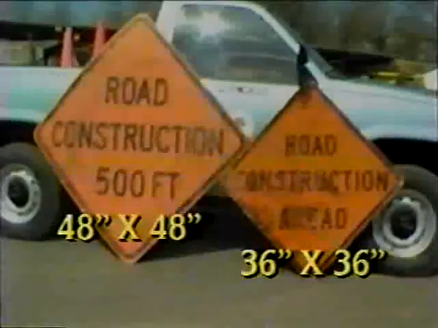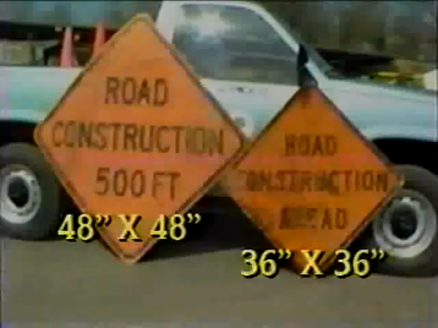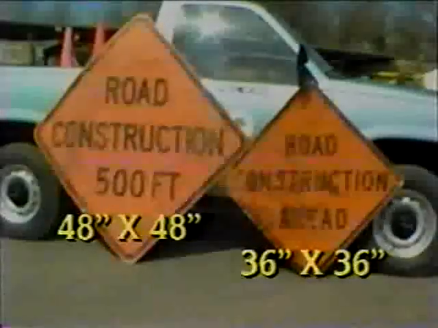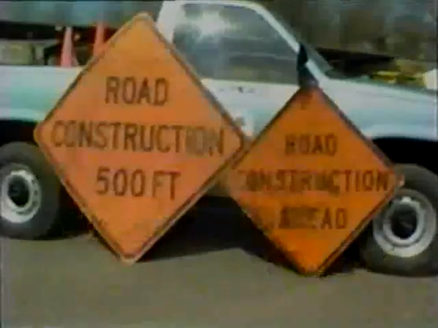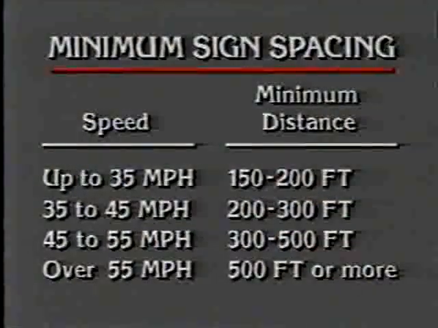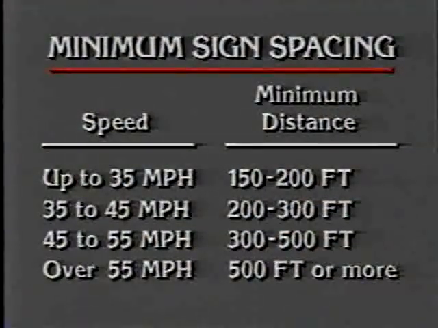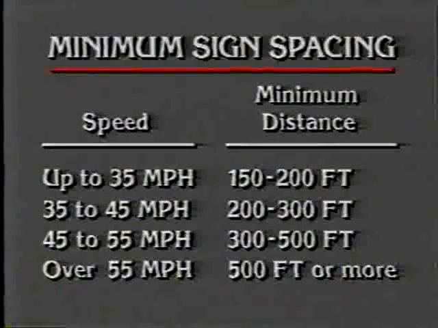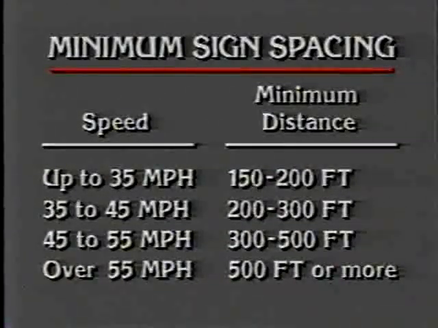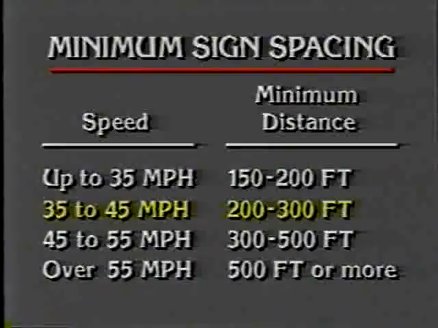For speeds greater than 45 miles per hour, the minimum size is 48 by 48 inches. The spacing required between these signs varies, depending upon the speed of the traffic on the roadway. For example, for speeds from 35 to 45 miles per hour, the minimum distance between warning signs is 200 to 300 feet.